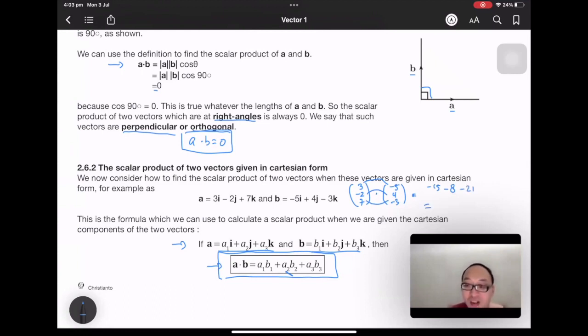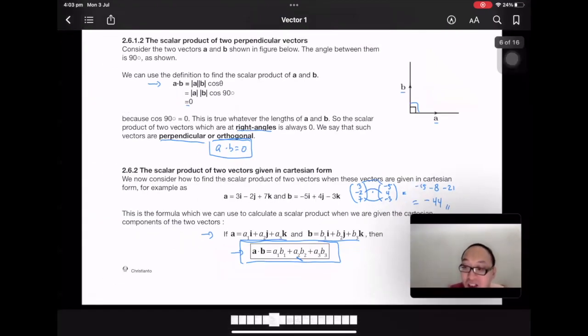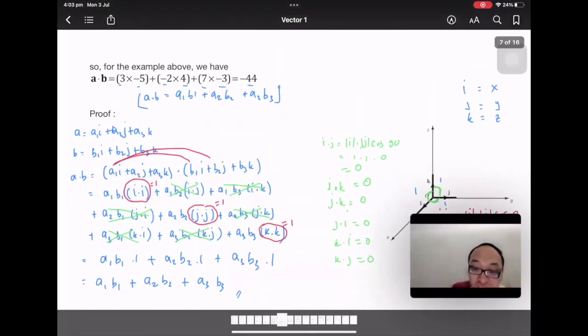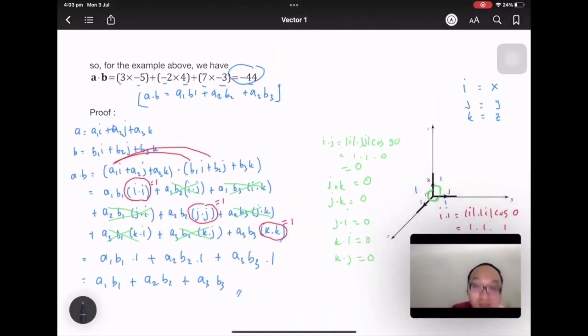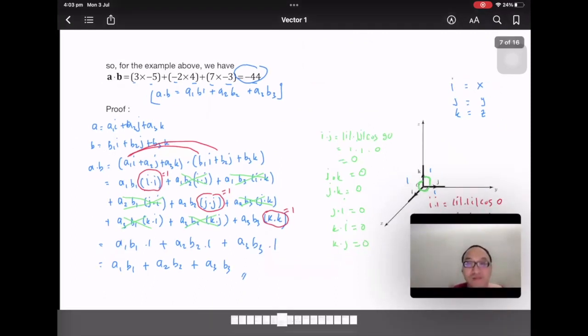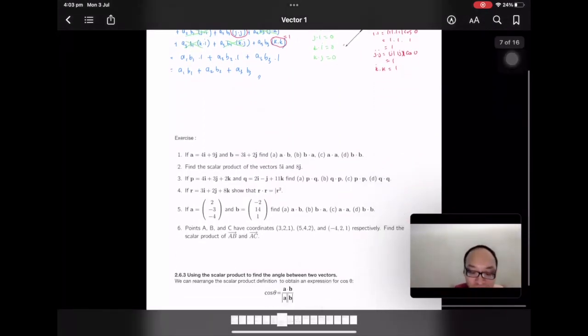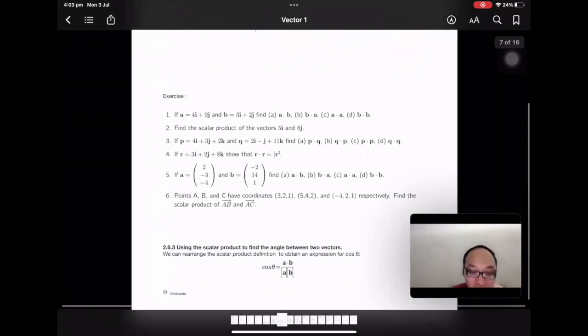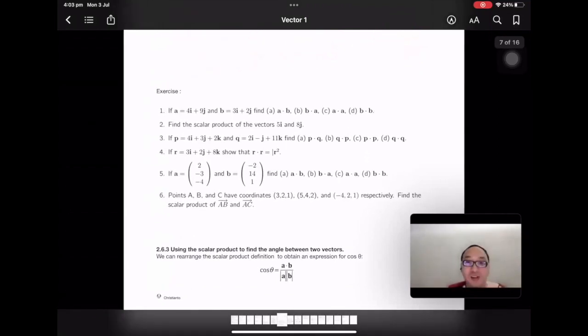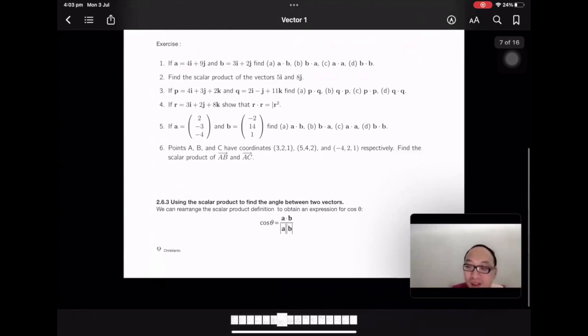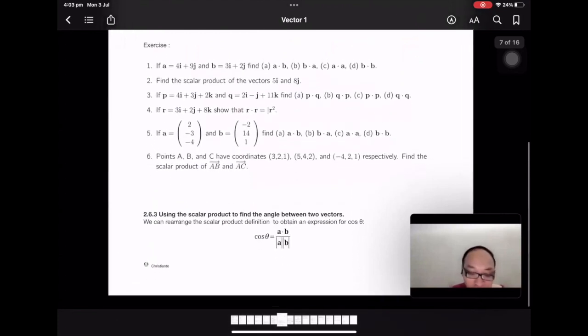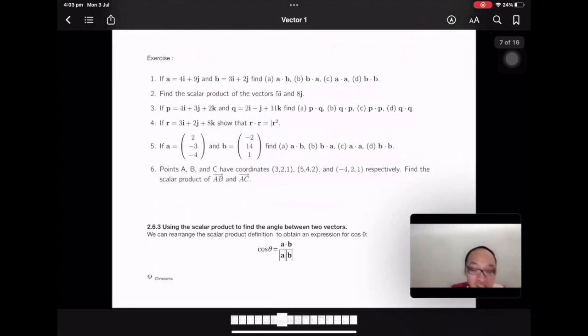The sum equals negative 44, which is the same as the previous answer. This is an exercise, you can try it yourself. And we can move on to using the scalar product to find the angle between two vectors.